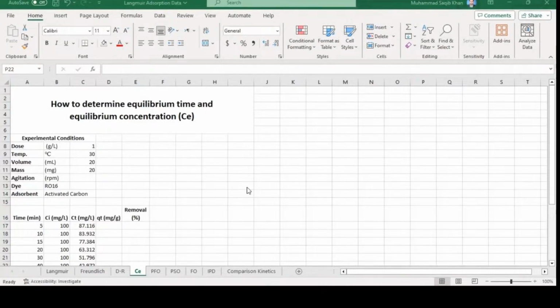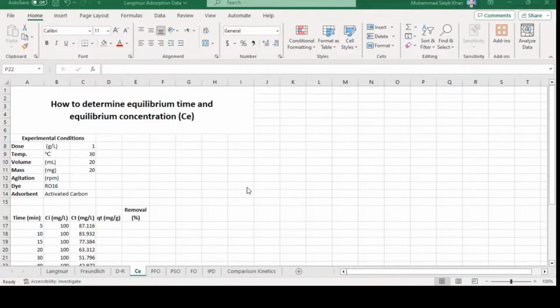They have the absorption data, made a calibration curve, and converted the absorption value into the concentration value. That is not actually the equilibrium concentration.